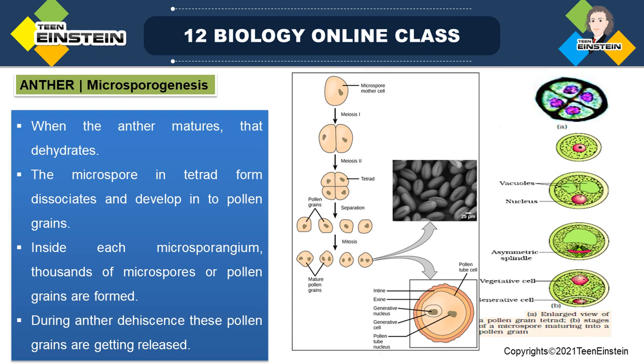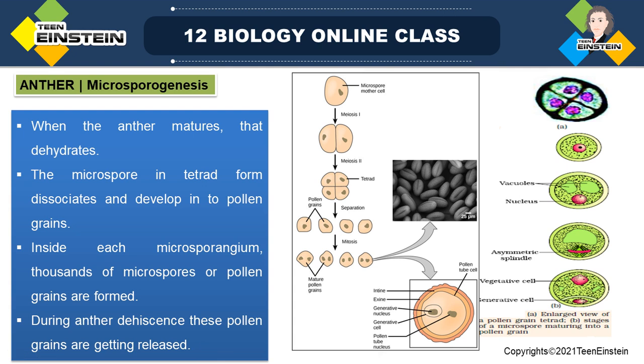Inside each microsporangium, thousands of microspores or pollen grains are formed. You can see thousands of microspores or pollen grains inside a microsporangium. During anther dehiscence, these pollen grains are released.